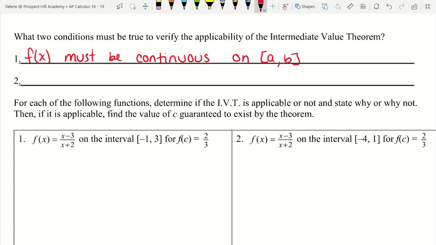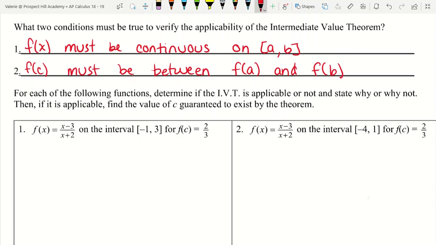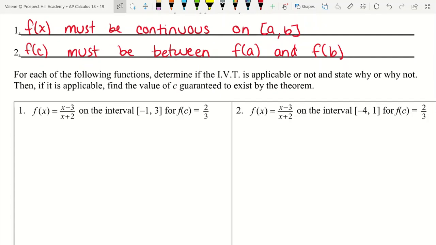On that interval, f of x must be continuous. The second condition is that f of c must be between f of a and f of b. Right, so that y value that we're looking for must be between the two y values on the ends of our interval.